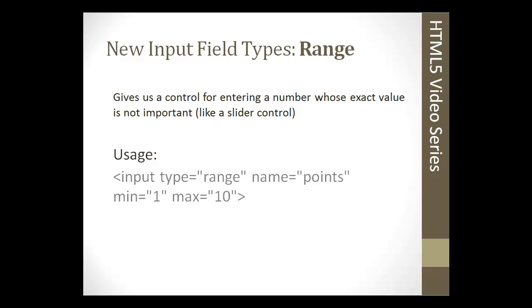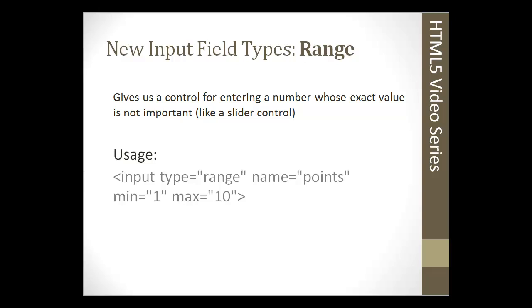Now range is another cool one. It gives us control for entering a number whose exact value is not important. So it's basically a little slider control that you would slide to get the values, and we'll be implementing these different input types in the programming part of this section.